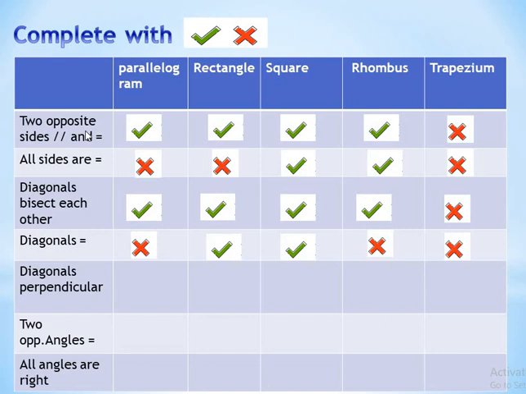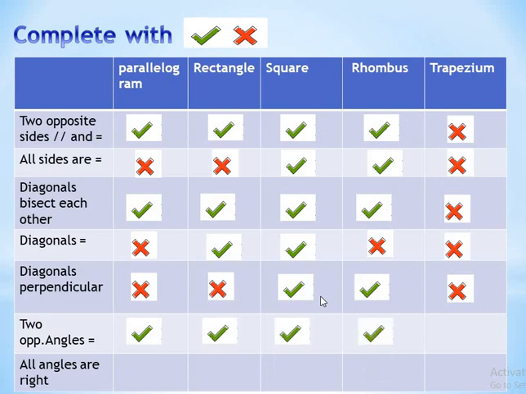Parallelogram, no. Rectangle, no. Square, yes. Rhombus, yes. And trapezium, no. Why did we say that the square and rhombus only have perpendicular diagonals? Because all sides are equal. Two opposite angles are equal in all of them except trapezium.